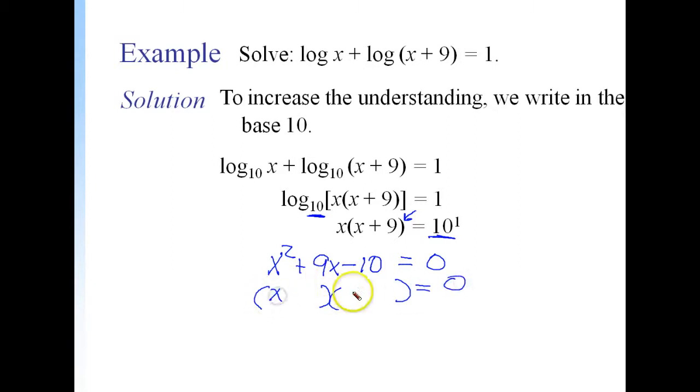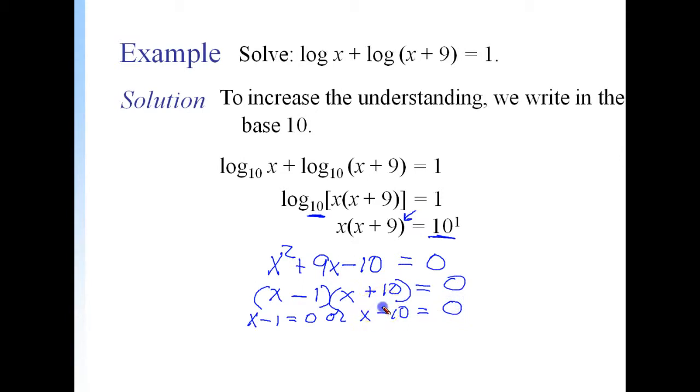So we get x and x, 10 and 1. This is negative. This is positive. So this will have to be positive, and this will have to be negative. So we now use the principle of the zero factor here. X minus 1 equals 0, or x plus 10 equals 0.